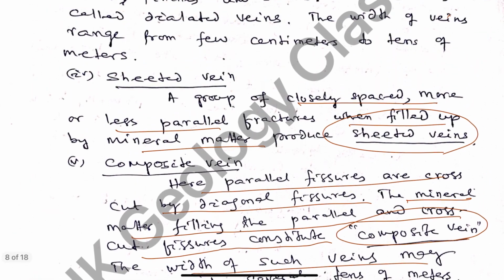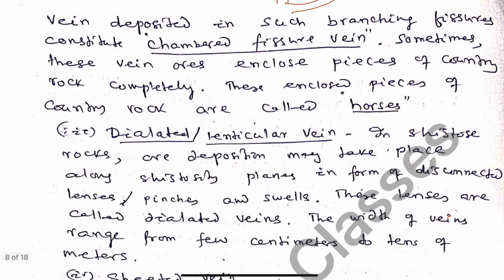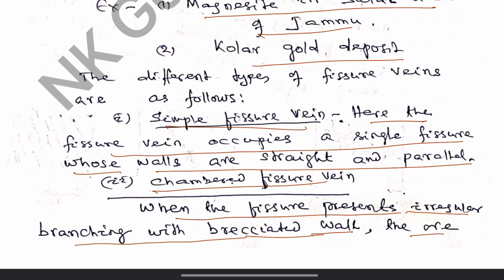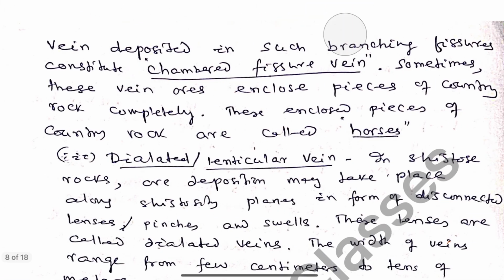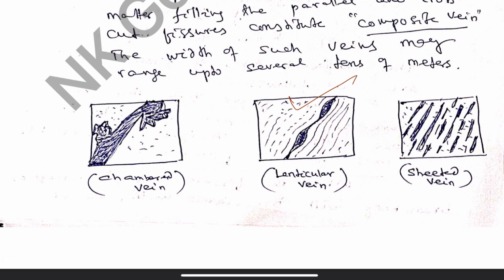It may be composite vein, sheeted vein, dilated or lenticular vein, chambered vein, or simple fissure vein. So these are the terms that are used to describe different types of fissure veins. So this is lenticular, this is sheeted, this is chambered.